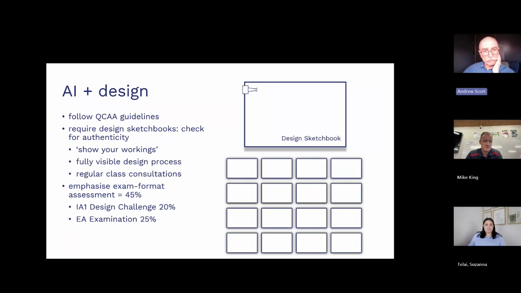I think, this might be my university teaching mentality or context, and I don't know how well this translates to the school setting, but I believe that when you can see every page from the design process in the sketchbook, you can flick through it, you can see how people work through the design problem.